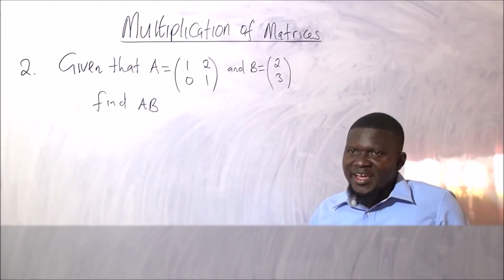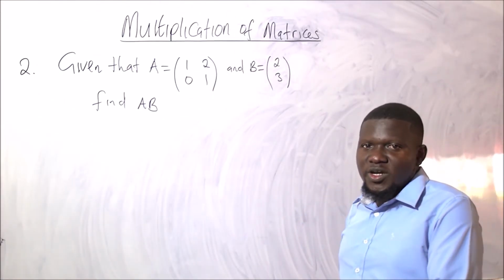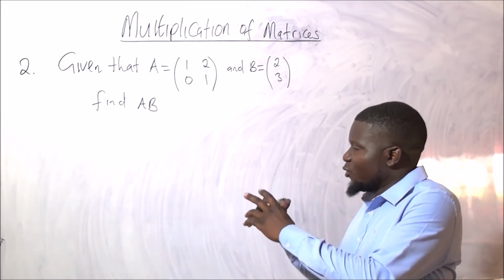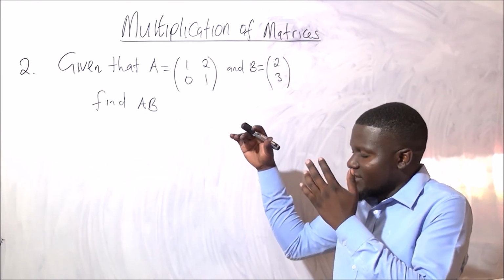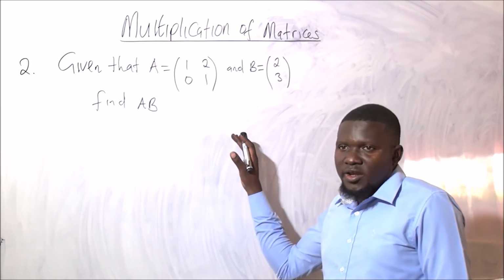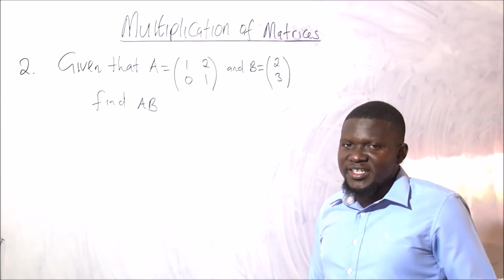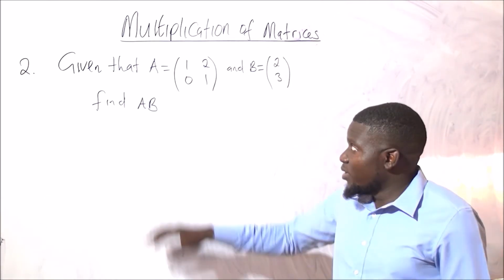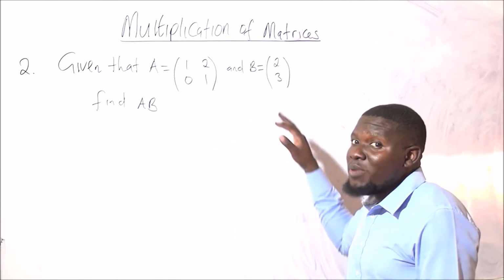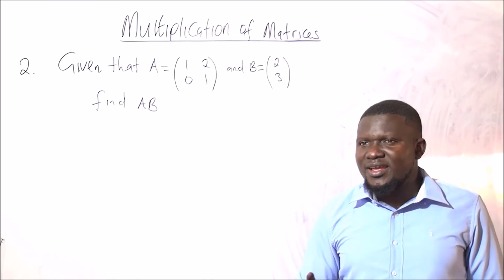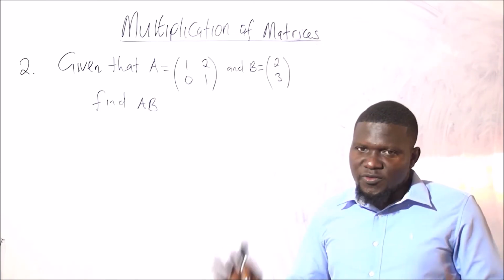Yeah, so let's look at another way. If asked the question this way, where in the first place we had a 2 by 2 matrix multiplying a 2 by 2 matrix, and this time around we're having a 2 by 2 matrix multiplying a 2 by 1 matrix. And what do you think would be the result?